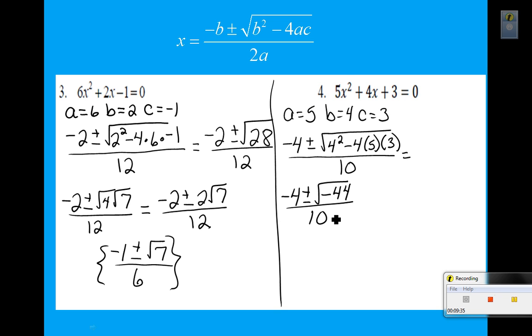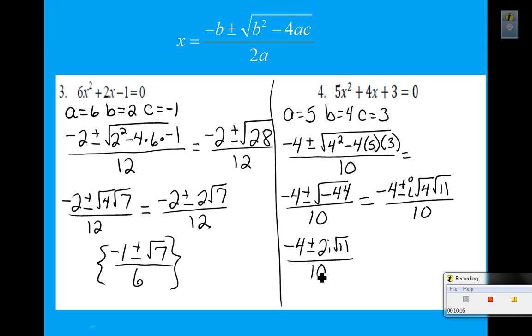Now we reduce the radical. Something that you know, since there's a negative right here, an i is going to show up in the answer. So I've got negative 4 plus or minus, there's going to be an i because of that negative. And I'm going to think of this as square root of 4 times square root of 11, all over 10. Something I know the square root of times something I don't. And then this becomes negative 4 plus or minus, the square root of 4 is 2, so I've got 2i radical 11 all over 10.